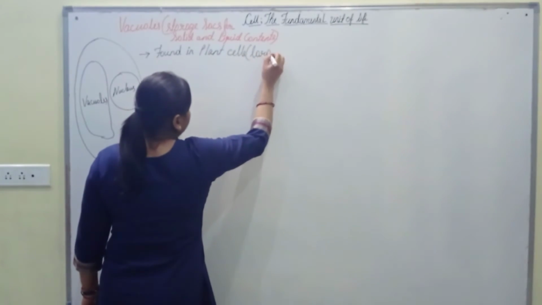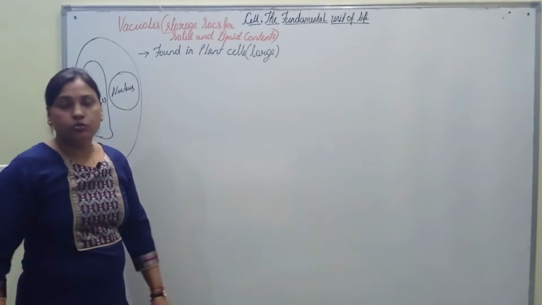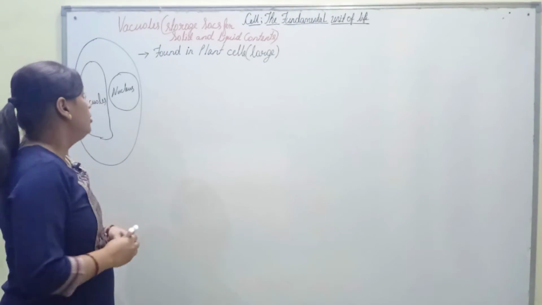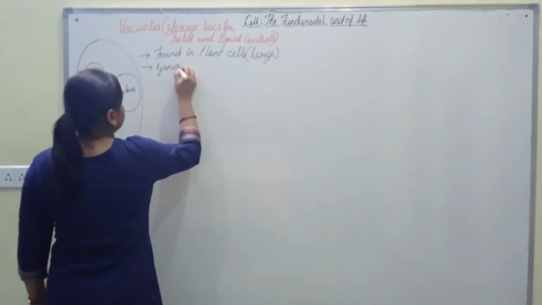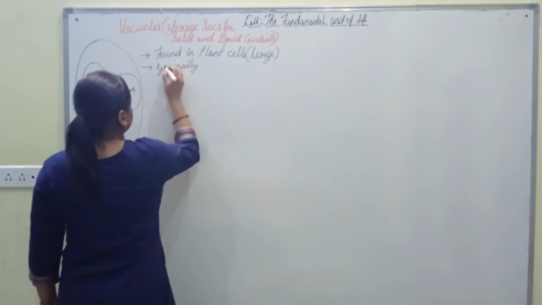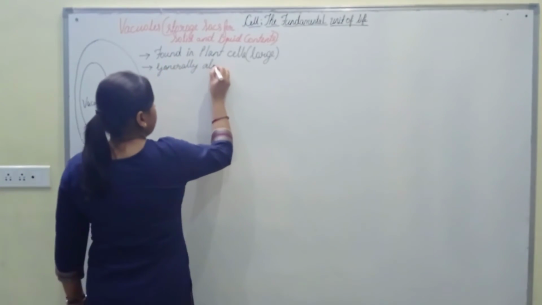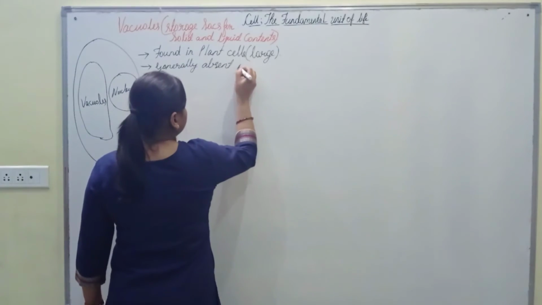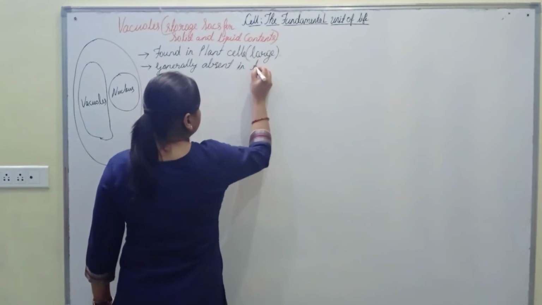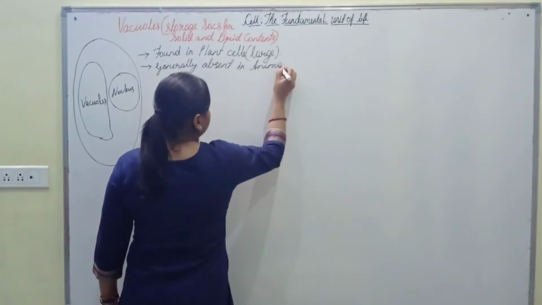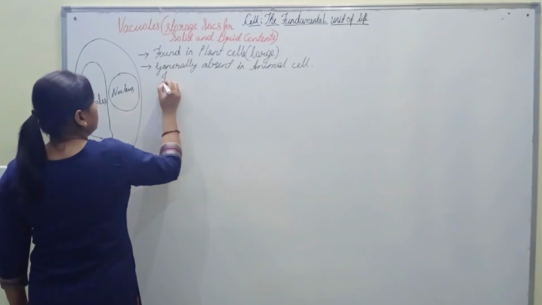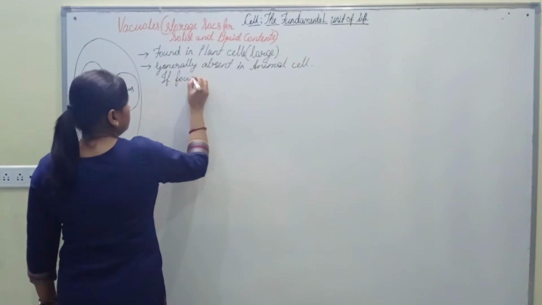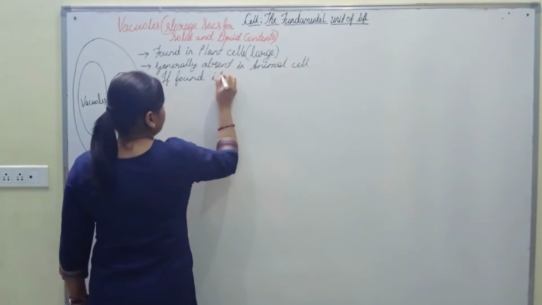Large and single vacuoles are found in plant cells, while it is generally absent in animal cells, and if found, it is of small size.